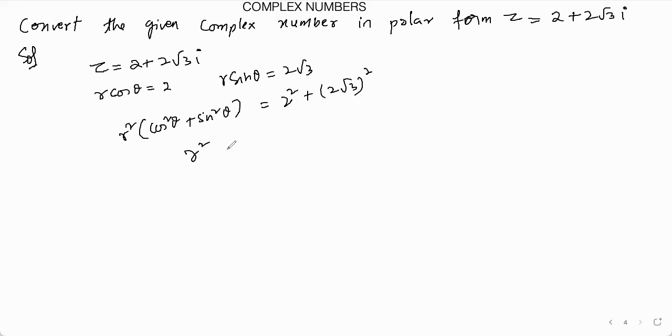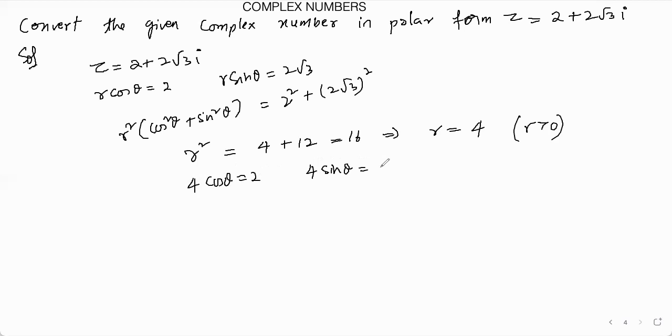So this will be 4 plus 4 into 3, which is 12, right? So this will be 16, so you get r as 4, again considering r greater than 0. And theta, that is r, which is 4 cos theta, which is 2, and 4 sin theta, which is 2 root 3.